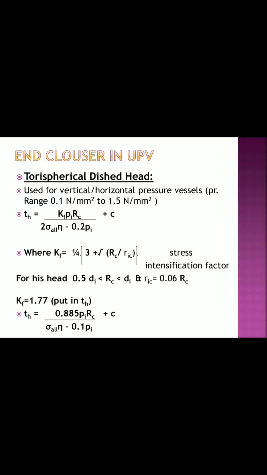For this head, 0.5 Di less than RC less than Di is going to be the range, and RIC is equal to 0.06 RC. Let us consider Kf is equal to 1.77, which when we put into the above equation, TH is equal to 0.885 Pi RC upon sigma allowable into efficiency of longitudinal joint minus 0.1 into Pi, plus C. So these are the formulas for toruspherical dish heads.